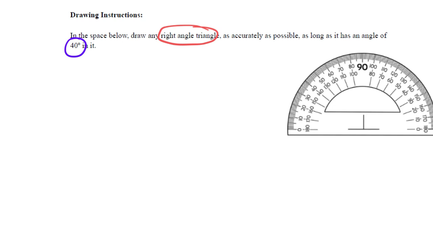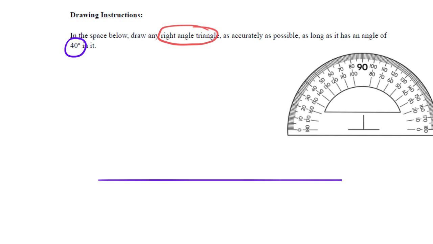And I'm going to draw just a line across the bottom of my space. It doesn't have to be horizontal. I just want to draw something really long so it gives me the most options. Okay. Now what I'm going to do is pick which side of that line I want to put my 40-degree angle on.